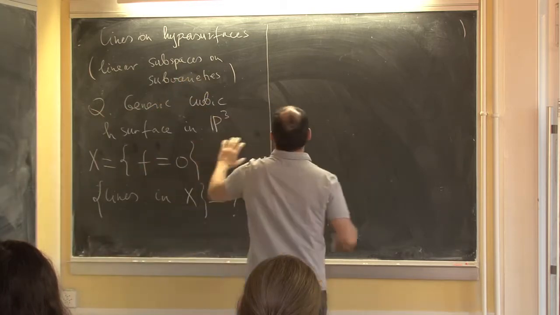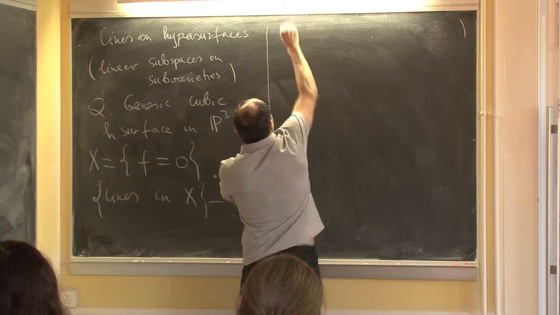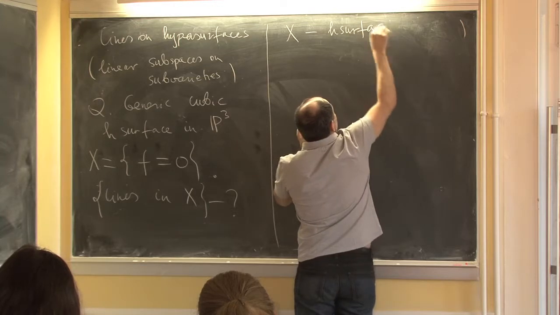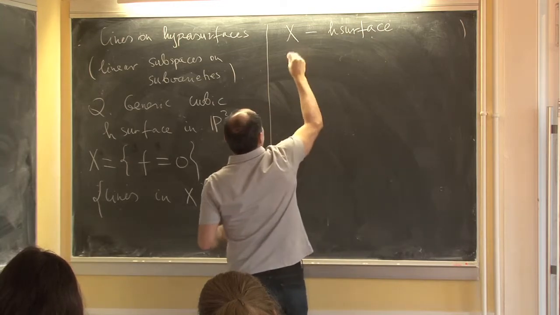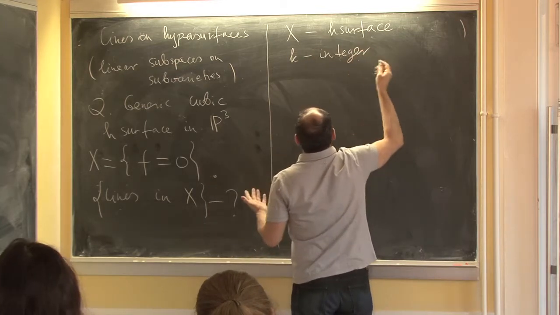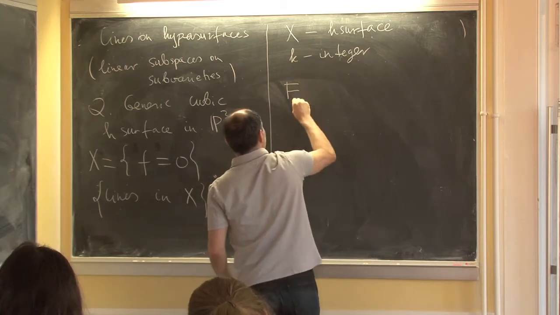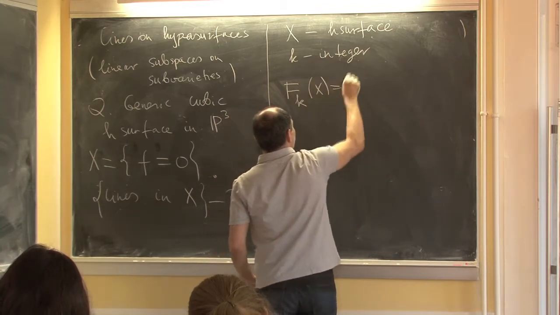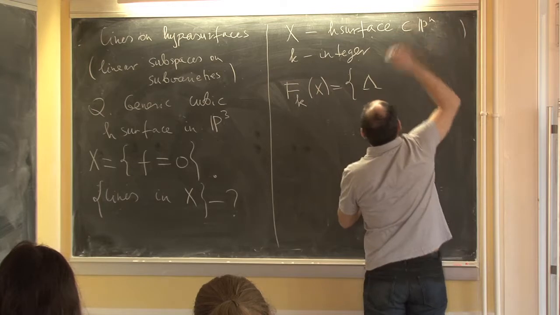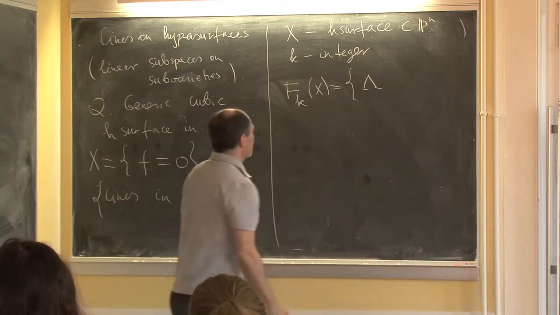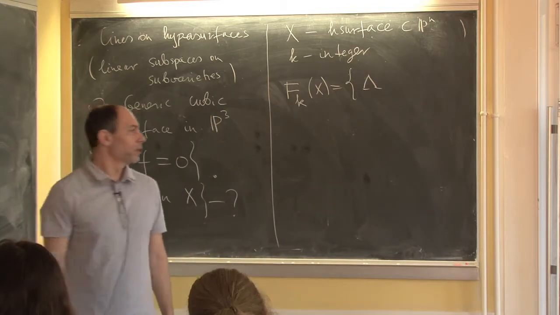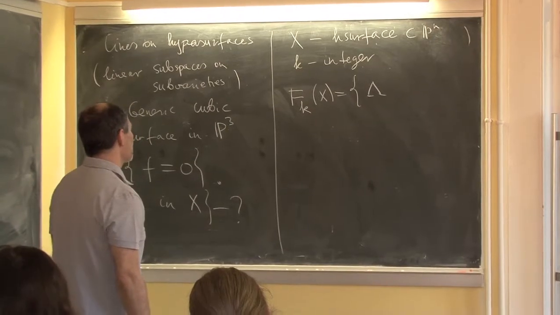So we start here. So again, X is some hypersurface, and K is just some integer, as usual. And I'm interested in this thing. So let's say f_k(X) like this. And this is a hypersurface in Pn, as always. So it's lambda. Yeah, this is my eternal thing. So I'm just going to identify those things.